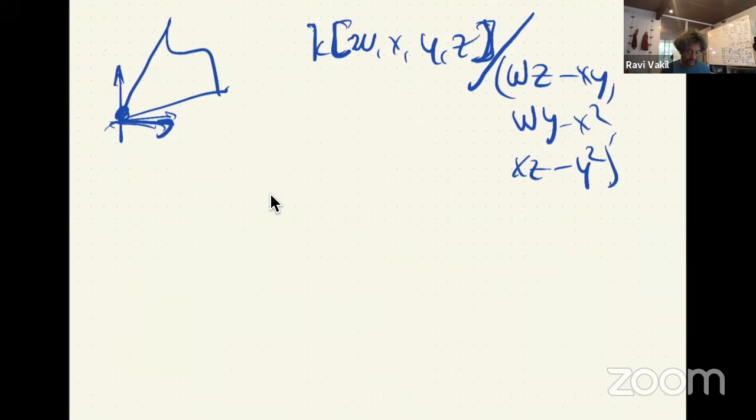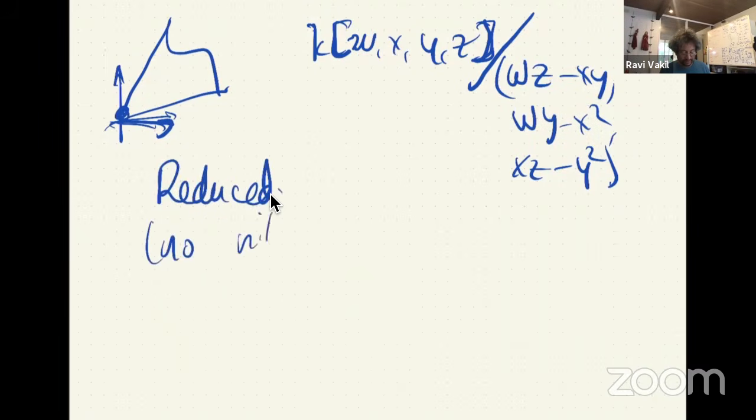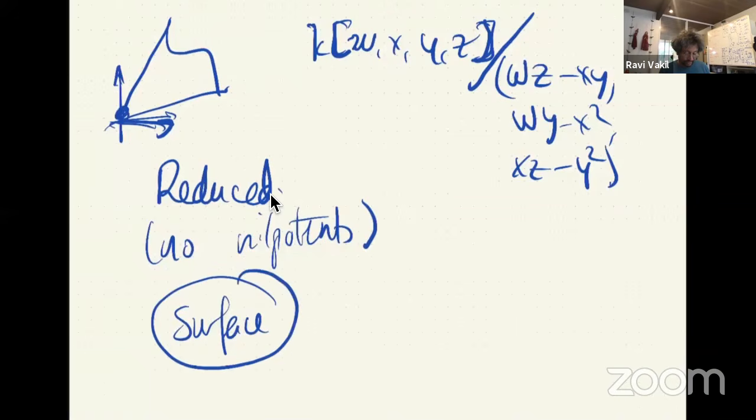The question is, I claimed without proof that this ring is reduced, that there are no nilpotents in it. I claimed, sort of without proof, that it's a surface, but of course we don't know what it means to be a surface. We have to define dimension. But if you believe that the plane is dimension 2, and if that's not dimension 2, your definition of dimension is messed up.